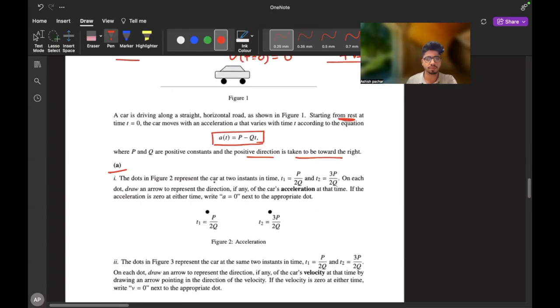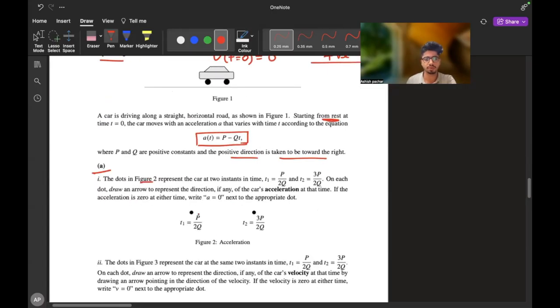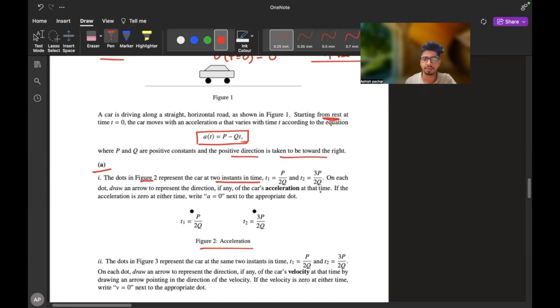Okay, figure 2 shows points that represent the car at two instants, time t1 and t2, and each dot draws an arrow to represent the direction.